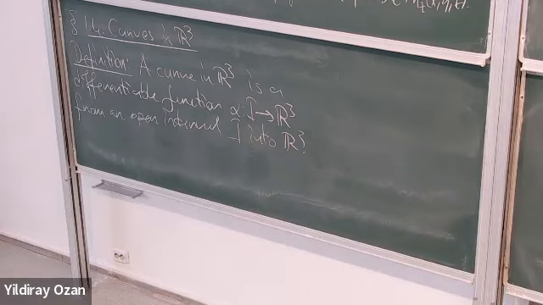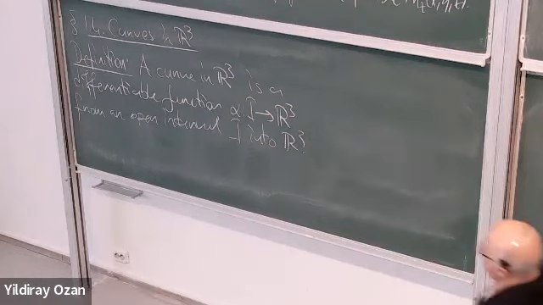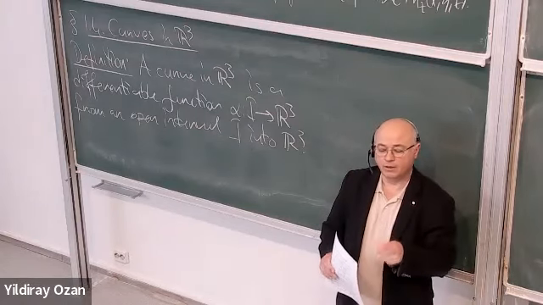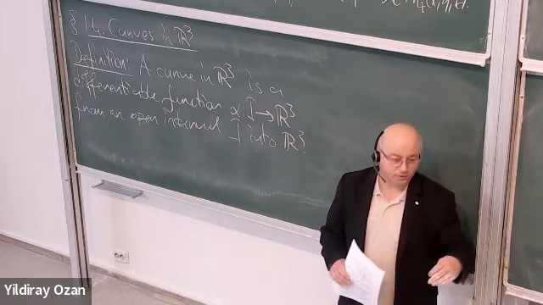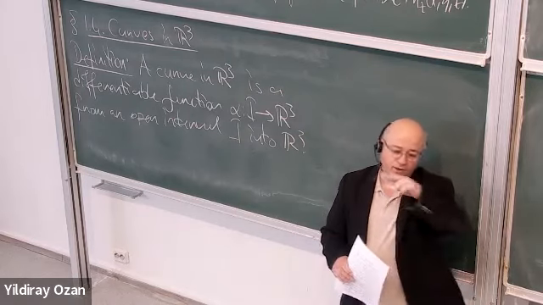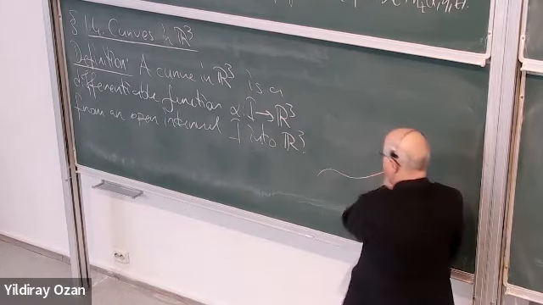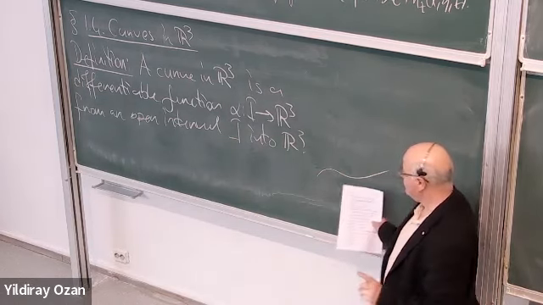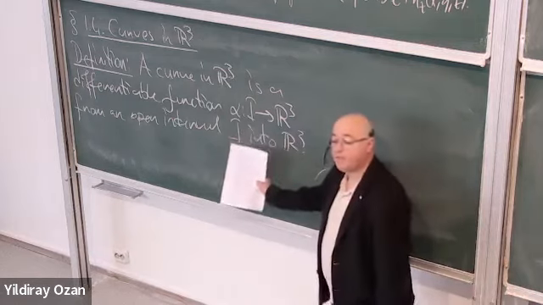Usually when we talk about curves in the plane or in space, we think of the image of the function. We consider something like this. This is a curve, but technically, actually, this is not a curve. A curve is a function.